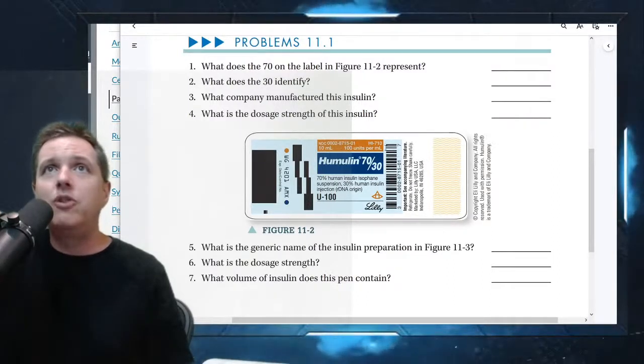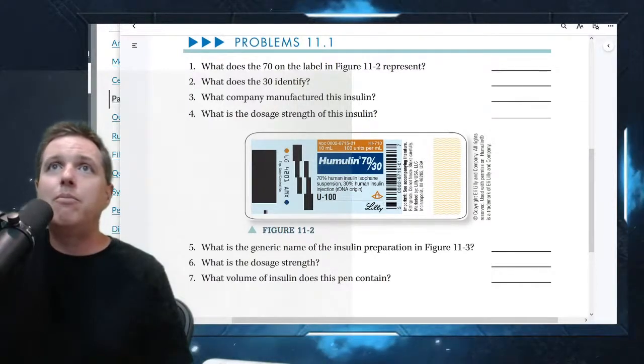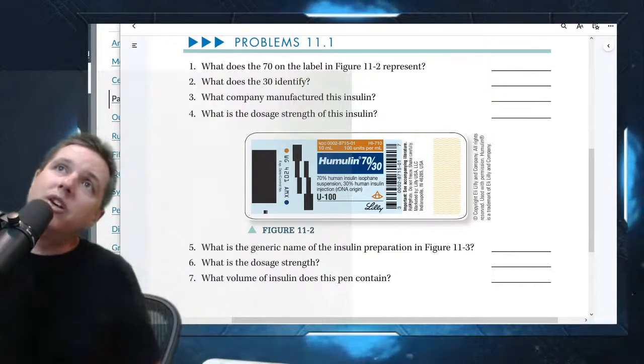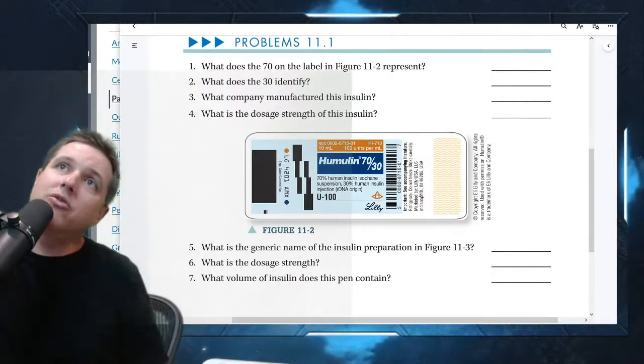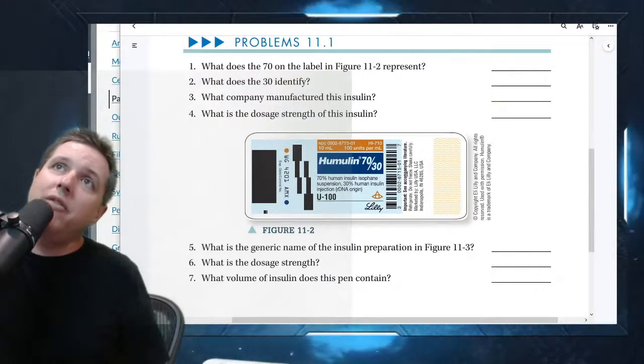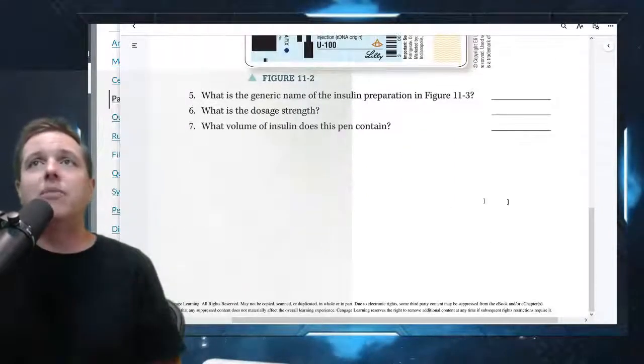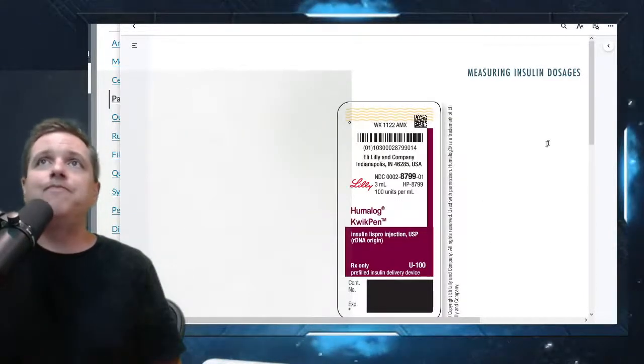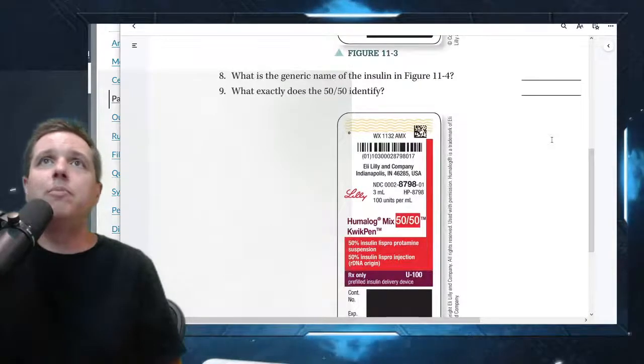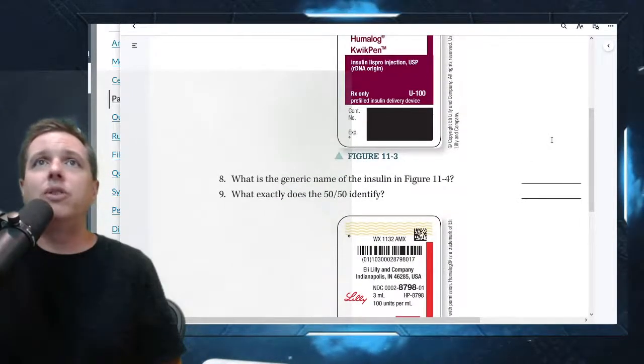You've got 100 units per milliliter. It's telling you the manufacturer. And then over here, we've got some instructions. Refrigerate, do not freeze, shake carefully. Then it says important, see accompanying literature. They want to make sure you've read everything. So lots of information in these labels that we need to look at. But it's pretty straightforward once you see it.